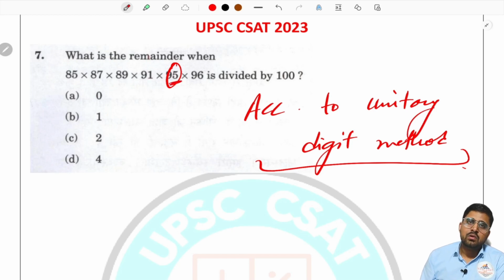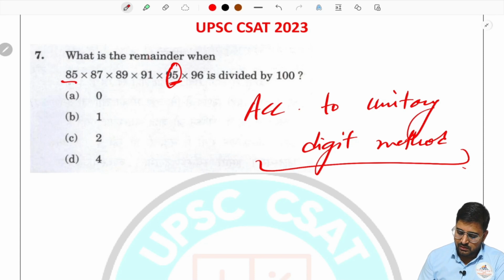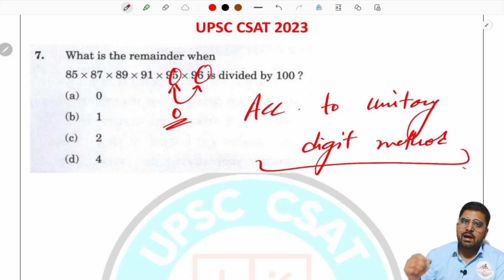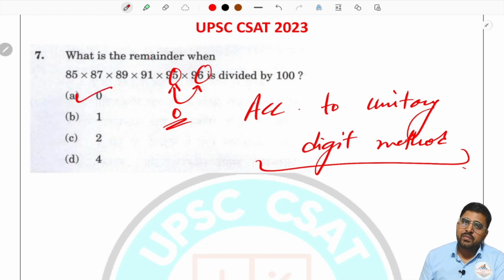Try to find some 2's or 4's or an even number which makes it 0. There no, there no. But here we have 2, which means it's an even number. If you multiply this at the end, what do you have? 0 only. Now you can argue that, sir, you found the answer 0 here.